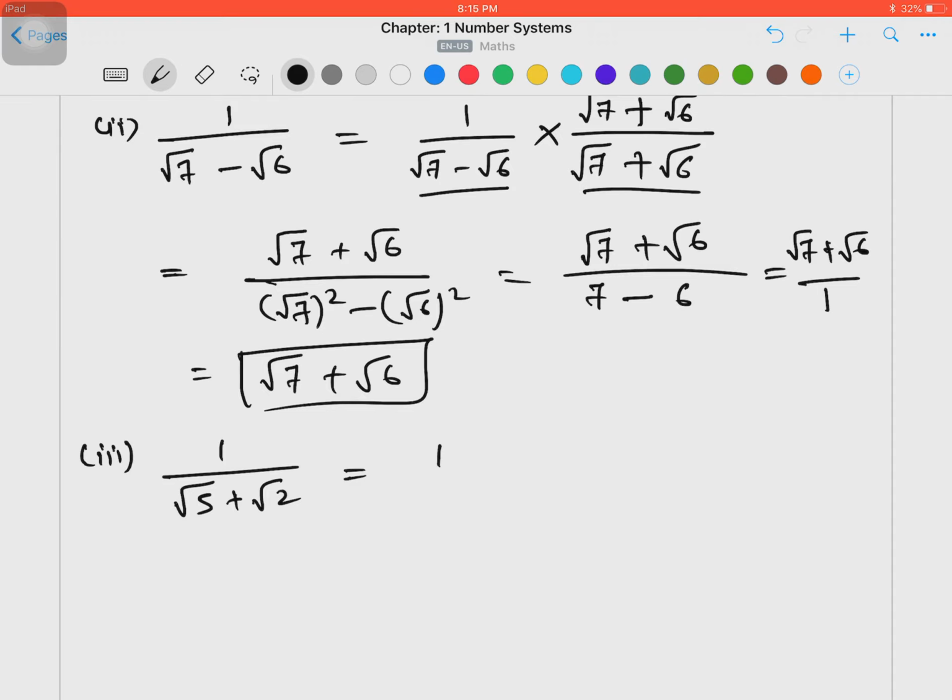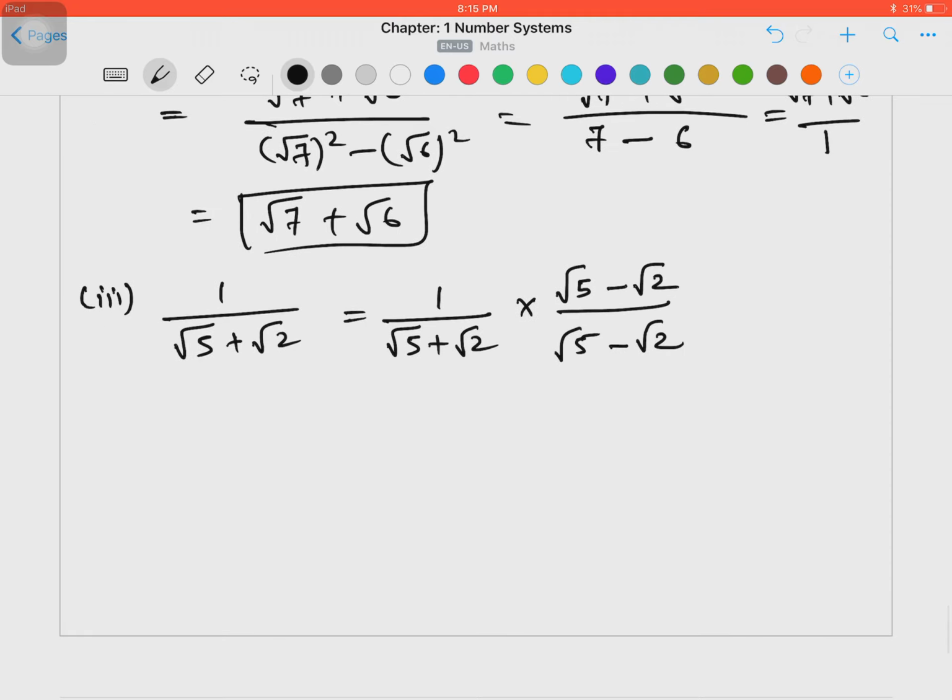So this will be 1 divided by root 5 plus root 2, multiplied by the same number with its sign reversed. Here we have plus, so I'll change it to minus.